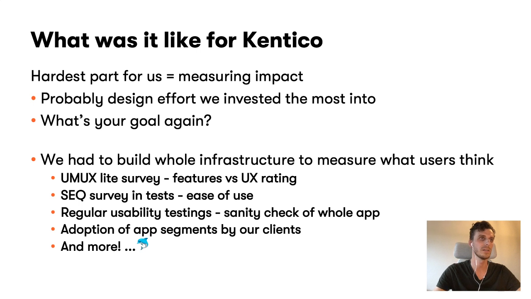So what the UMUX Light Survey does is split the rating of your features, or what the product is doing for your users, from the ease of use rating. And this way you can have a pretty good idea where you are failing your users, if they are not satisfied with your features or if they are not satisfied with the ease of use.